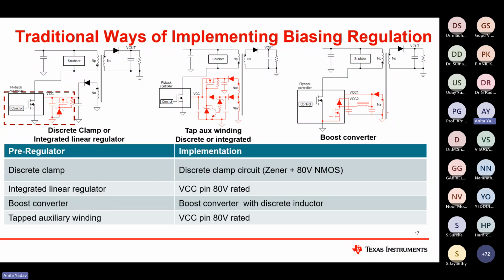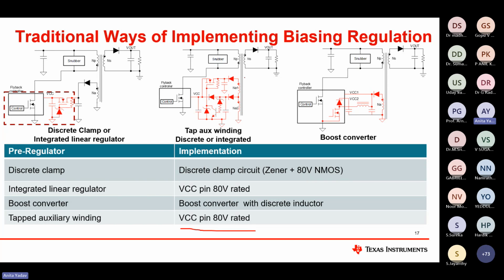If we make a boost converter, we end up with a discrete inductor, which itself is big in size, so that is not preferable. The tapped aux winding is generally the one used, but it has two to three disadvantages. First, the VCC pin itself needs a very high voltage rating, maybe 80 volt or sometimes even higher based upon the turns ratio.